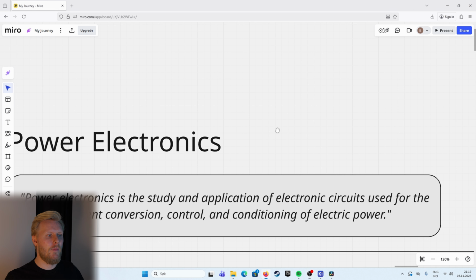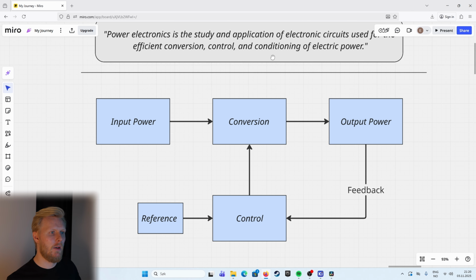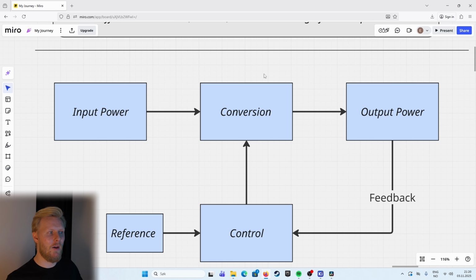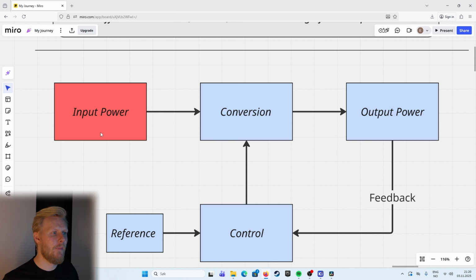But let's look into what it really means on a fundamental level, because it's not all that complicated to understand what our goal is in power electronics. So I drew up a simple block diagram which shows essentially what the goal of power electronics, or power conversion, is. It basically tells us that we take some input power.